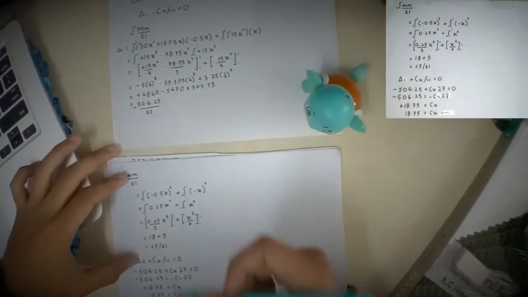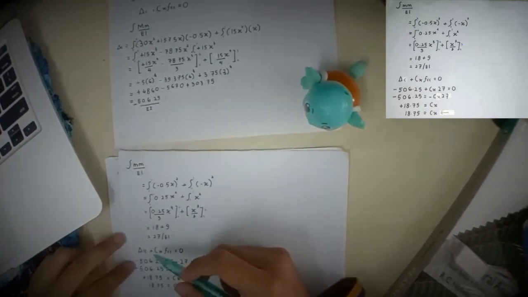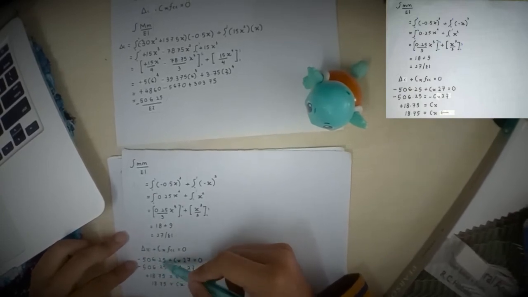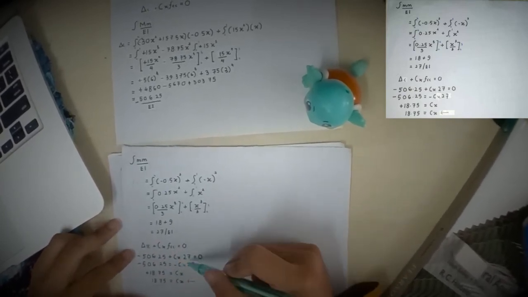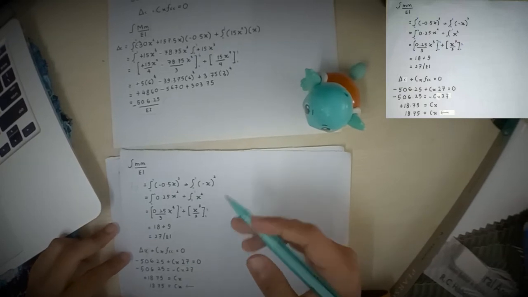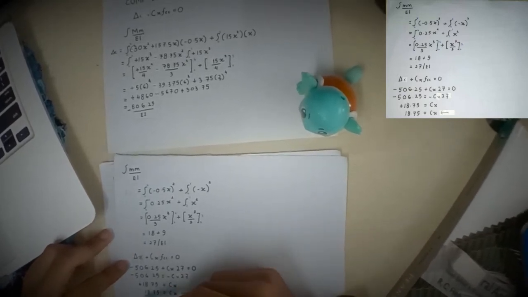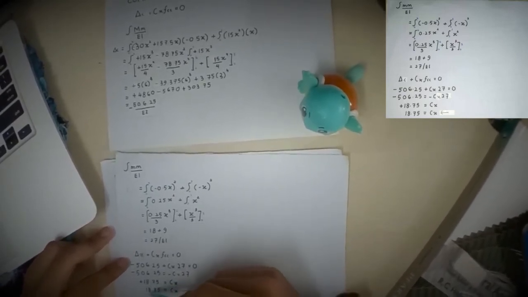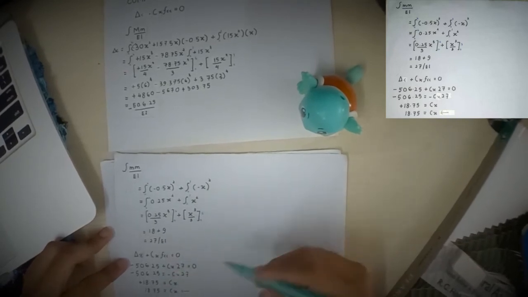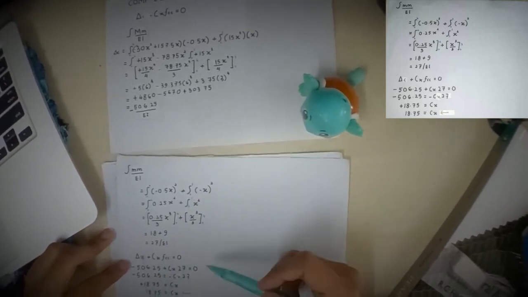We substitute the data that we got, delta C 506.25 and FCC is 27, so we got Cx is 18.75. Okay, now we got one of the reactions in the original frame.